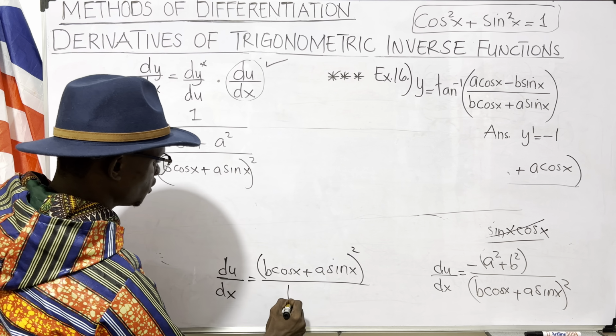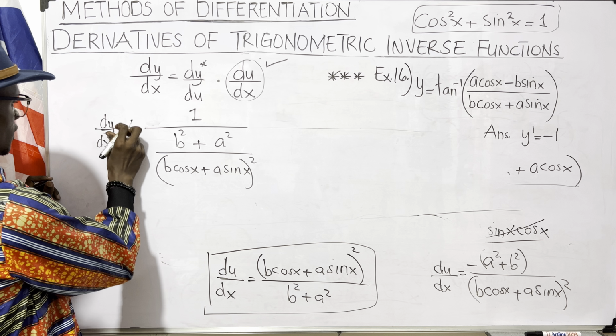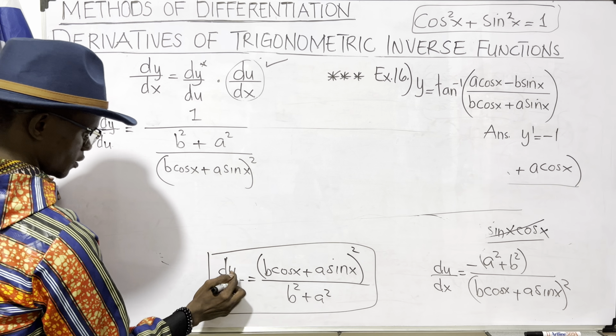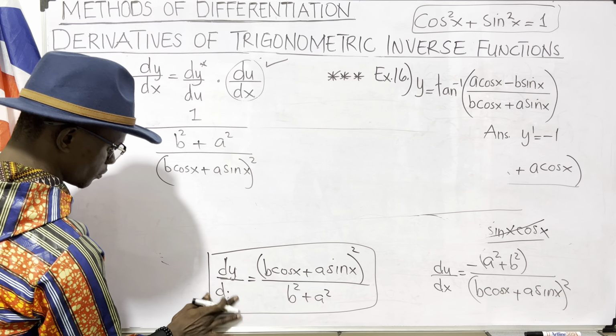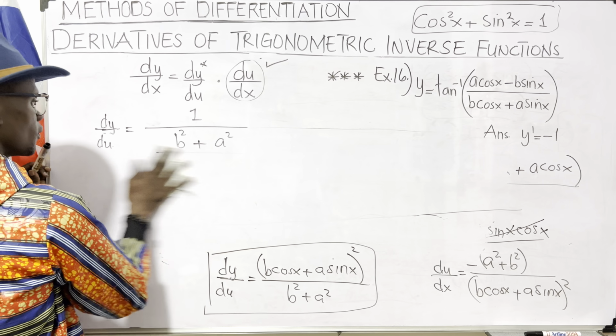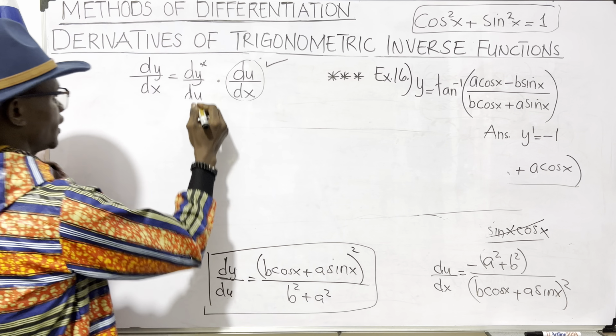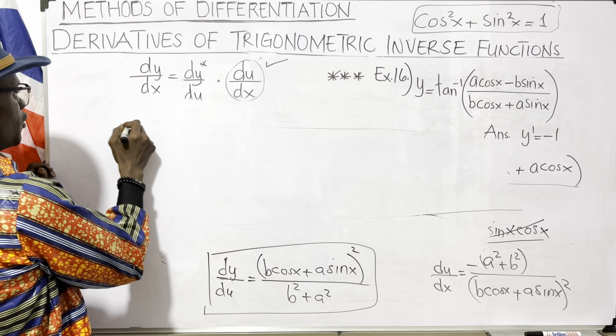Oh, what was it? This was dy by du. Yes, dy by du. So we only replace our u. That was what we did. Okay, so finally now we can find our dy by dx.